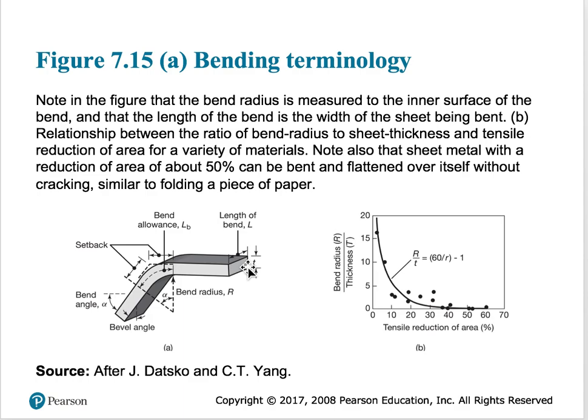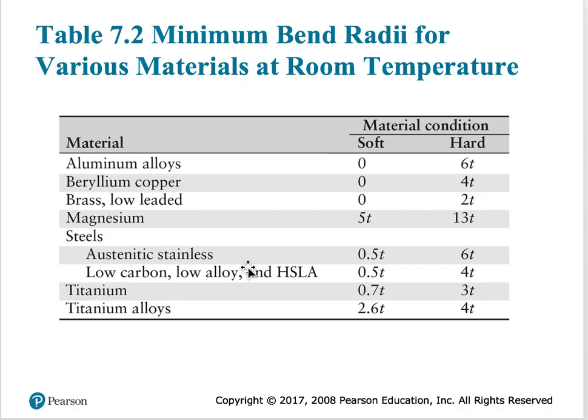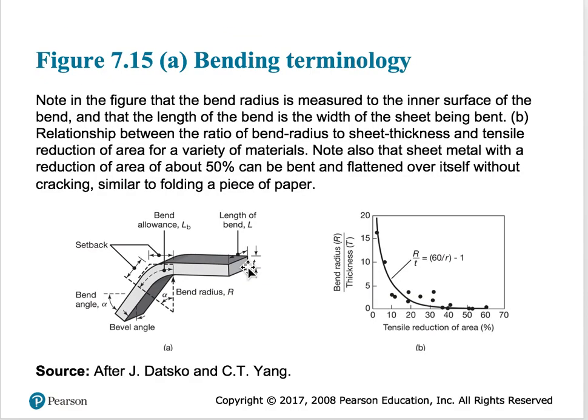controlled, and that is given by this equation in section 7.4. The approximate bend allowance is equal to alpha times (R plus KT). I don't know if it is given here or not, but you should be able to see that equation above this figure.